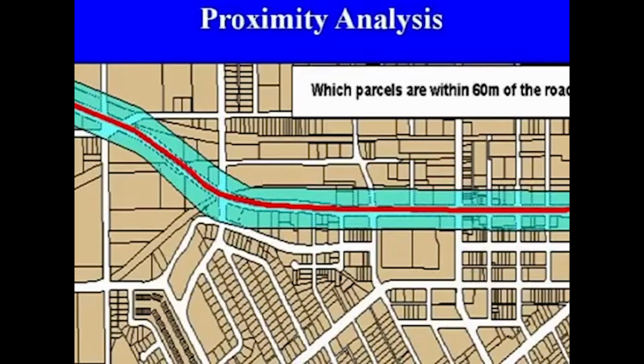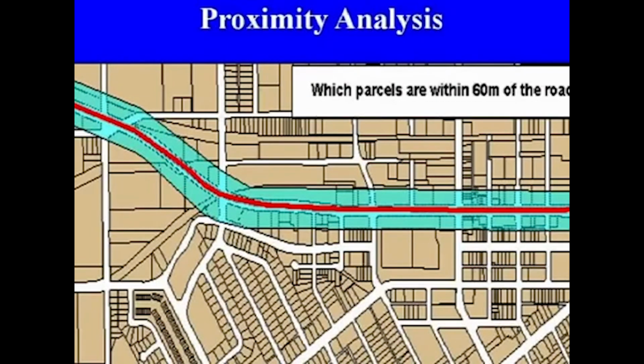Many times certain developmental activities require acquisition of existing land. For example, I want to widen an existing road. Now, this road is to be widened by about 60 meters from the center line on both sides.